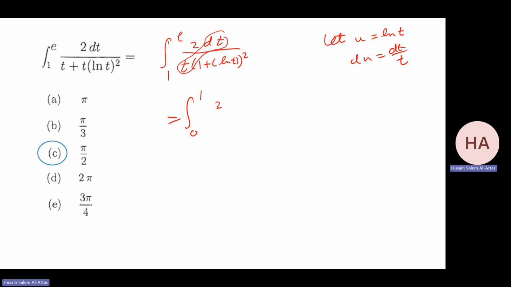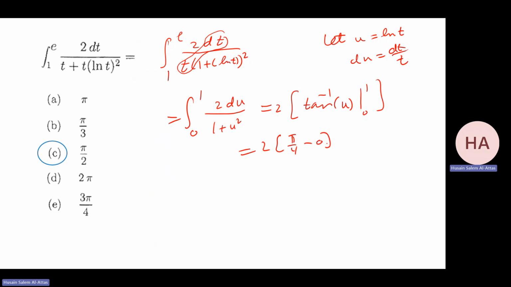So I have 2 over 1 plus u squared du. You can take 2 outside, and this will be tan inverse of u from 0 to 1. Tan inverse of 1 is pi over 4. Tan inverse of 0 is 0, so that will be pi over 2, which is this one.